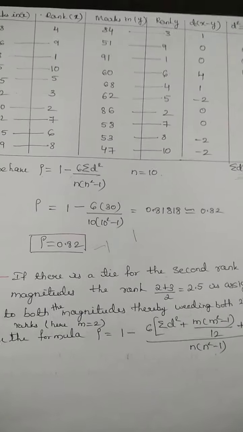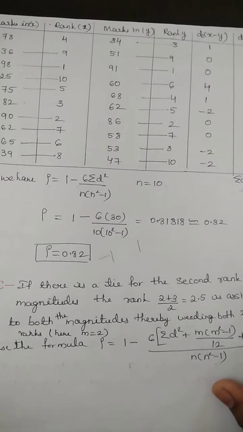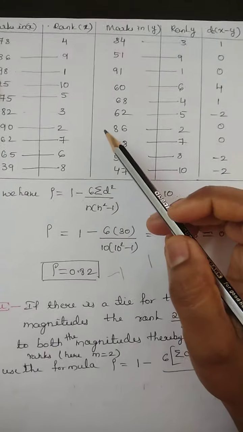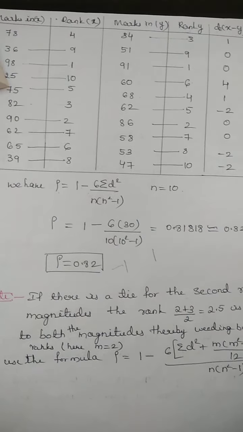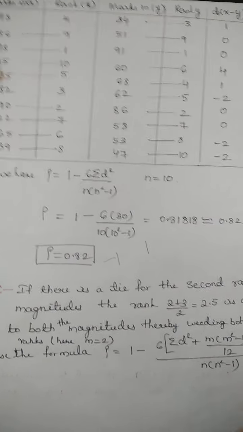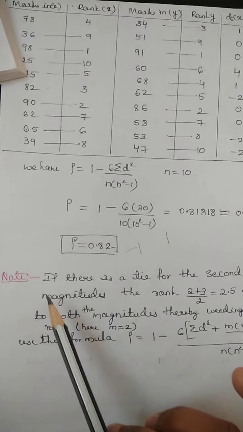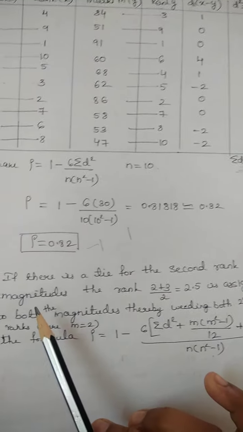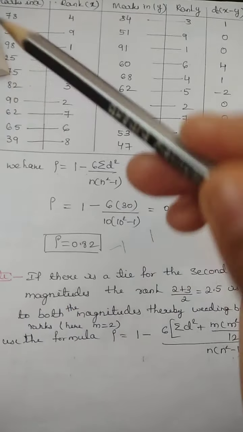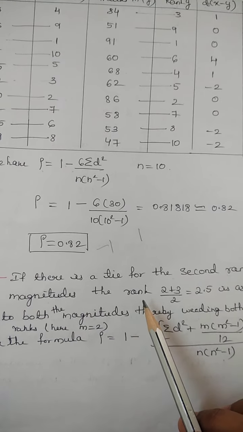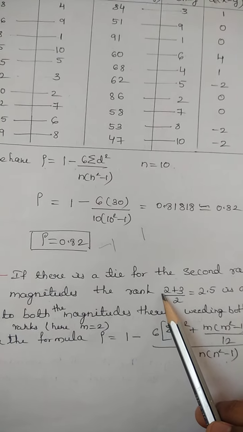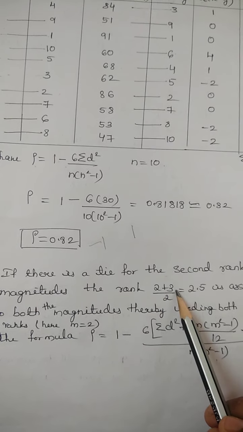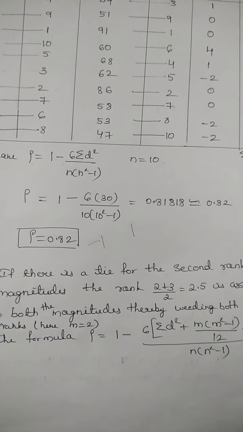So this way we have to find the rank correlation when the data are given, and we have to assign the rank. Suppose there is a tie for the second rank in two magnitudes, that is, data. Tie means for the rank we have to add 2 plus 3 upon 2; we have to take the average.